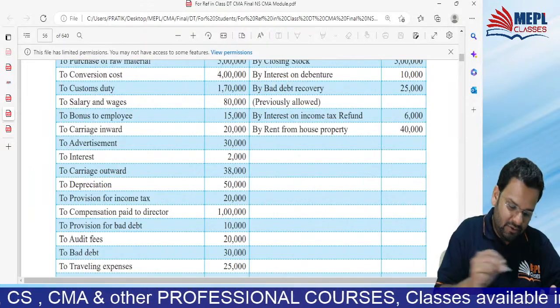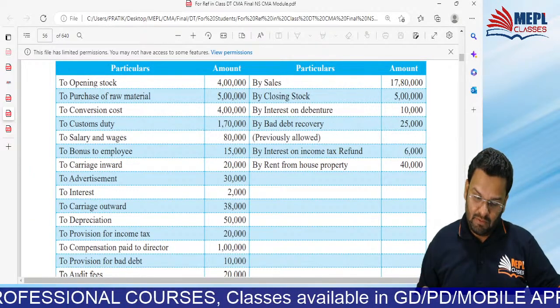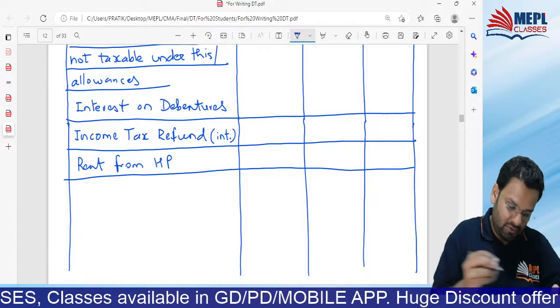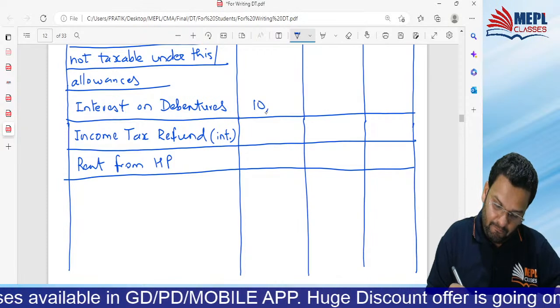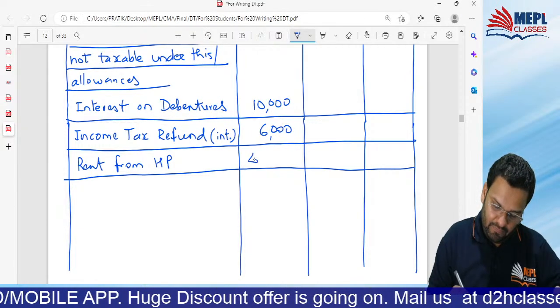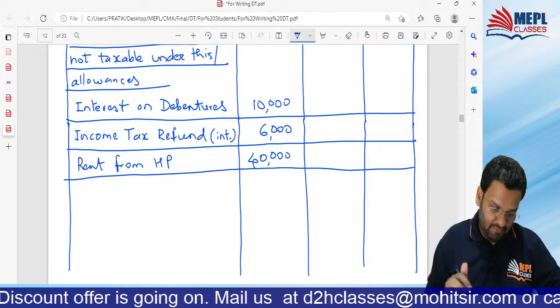Know these figures: 10,000, 6,000, 40,000. This is not all, guys.